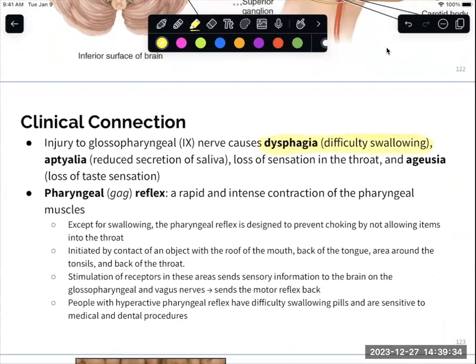There's people who need to swallow pills versus finding other ways to get them instead of finding out later when they're choking. They can have decreased saliva, aptyalia, loss of sensation of the throat, ageusia, loss of taste, and that gag reflex.